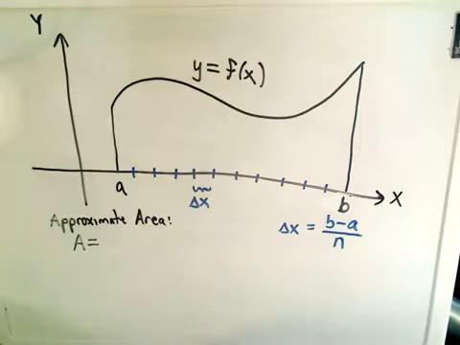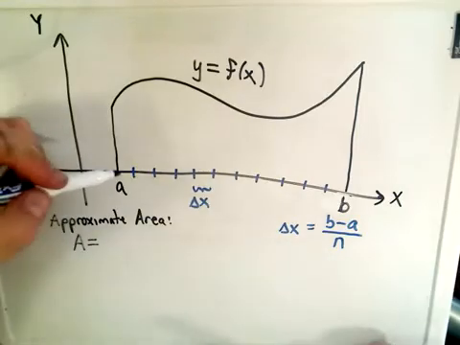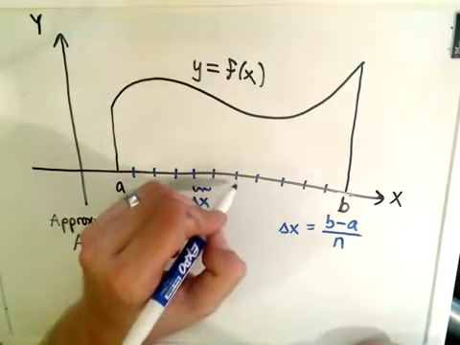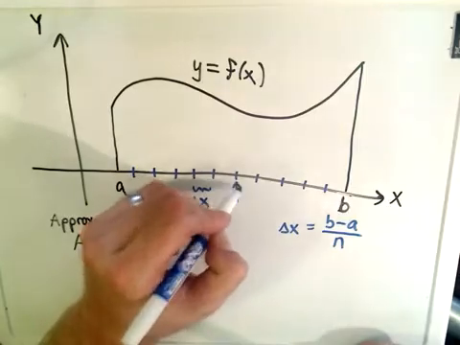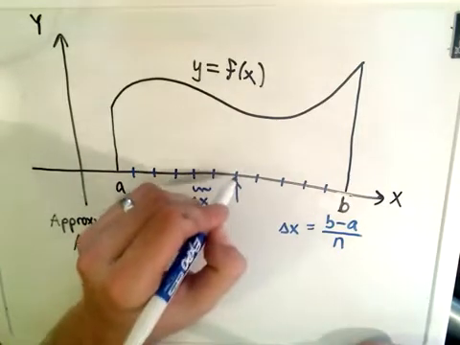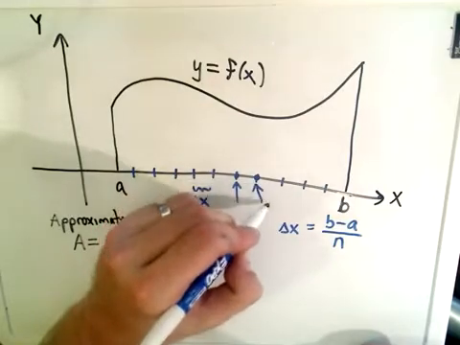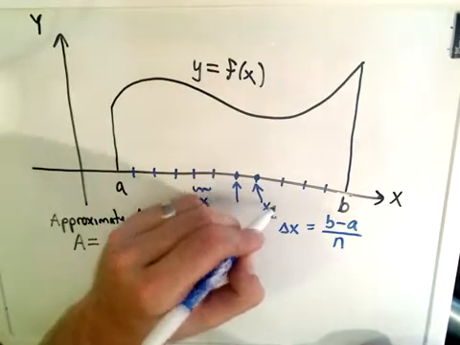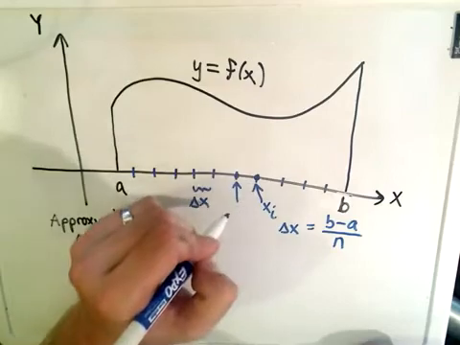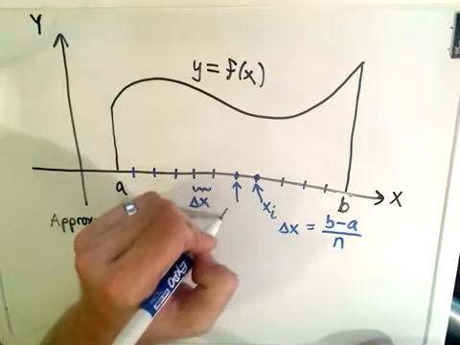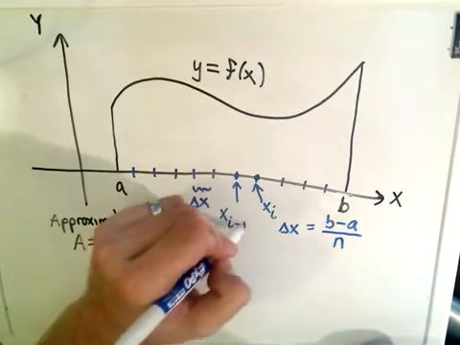The way we go about approximating the area, let me label some things generically. Here's some generic x-coordinate, and there's the one after it. Let's look at this interval. I'm going to call this point x sub i, and the one previous to it x sub i minus 1.